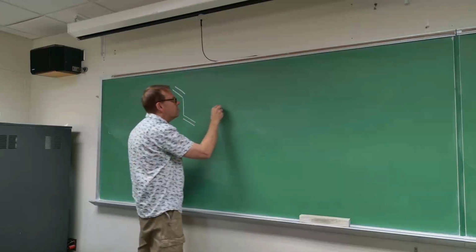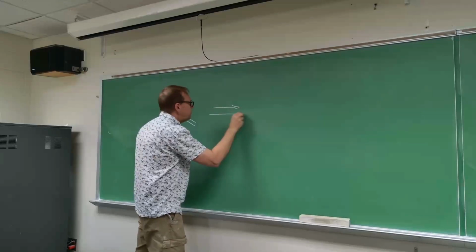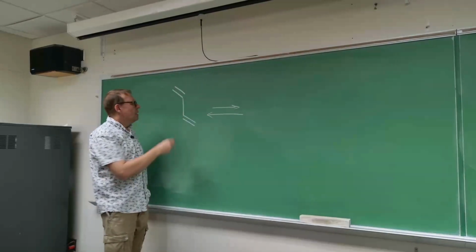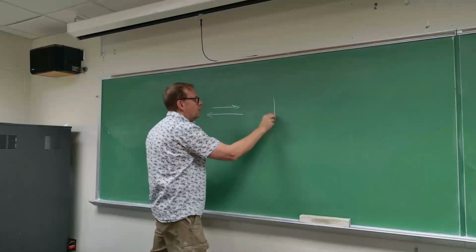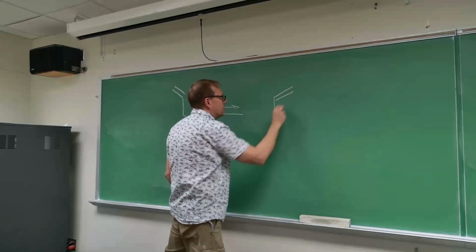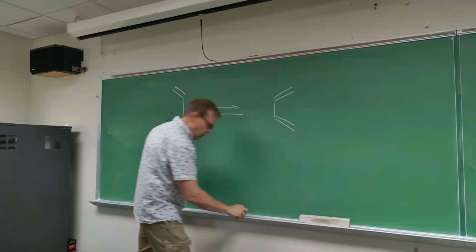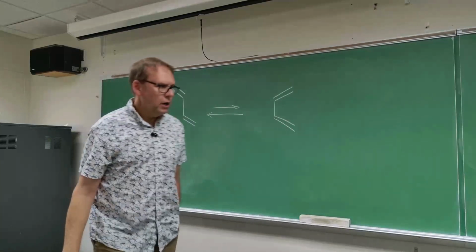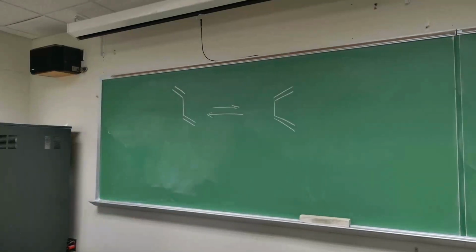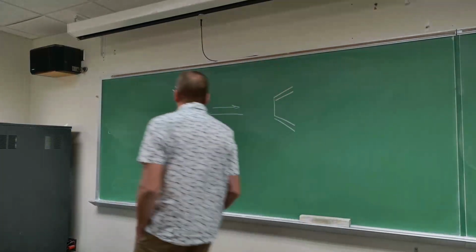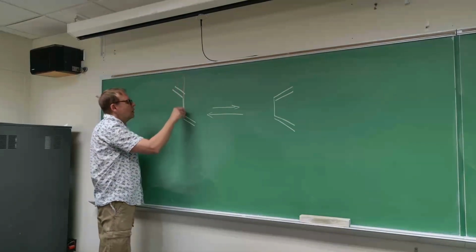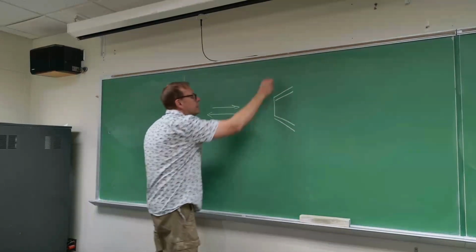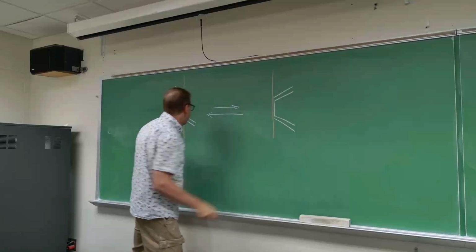There are two conformations for this molecule that are conjugated. There's this one, and you can rotate about that central carbon-carbon bond to put it in this other conformation. The thing to look for to distinguish these is the single bond between the two double bonds, and imagine drawing an imaginary line through that single bond.